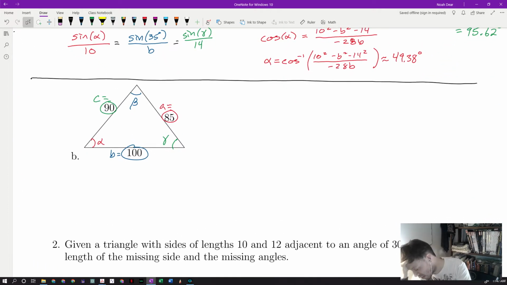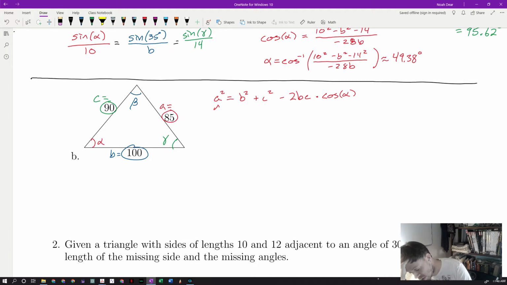This is definitely a law of cosines. It doesn't really matter which one we start with. I'll rewrite a squared equals b squared plus c squared minus 2bc. These two will always match these two, times the cosine of this angle, which will always be the opposite of the a there.